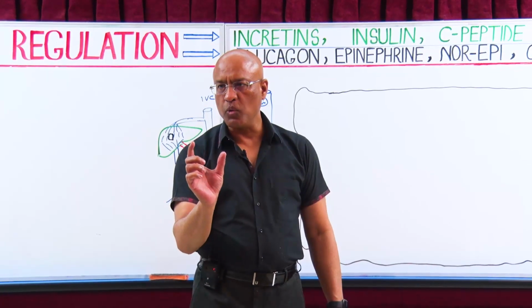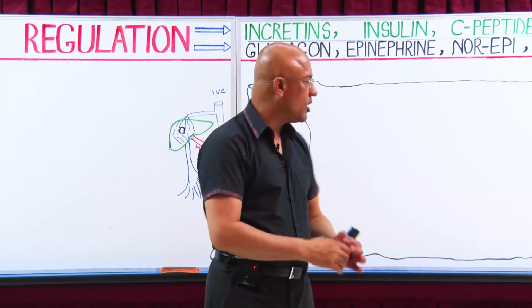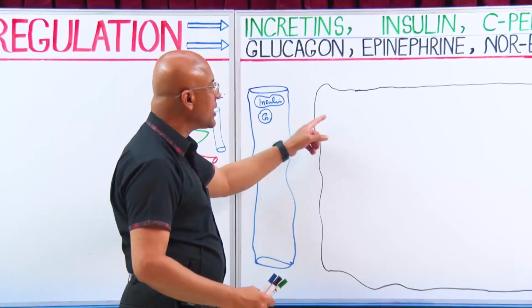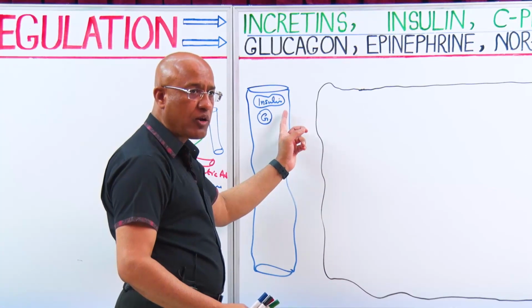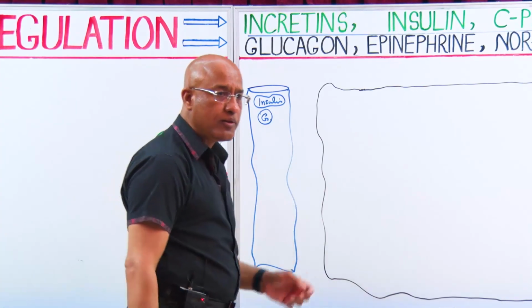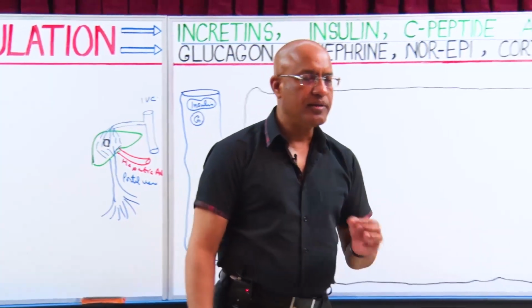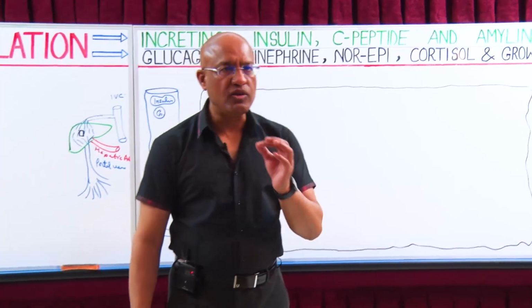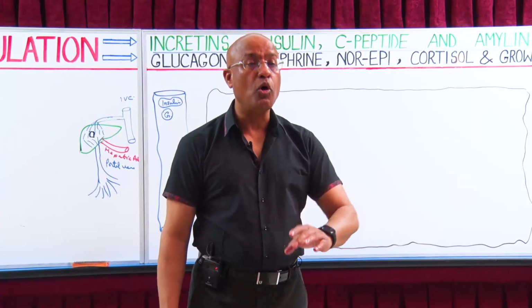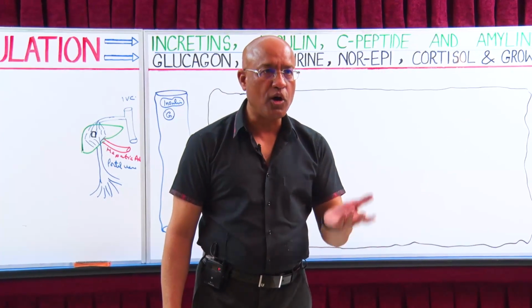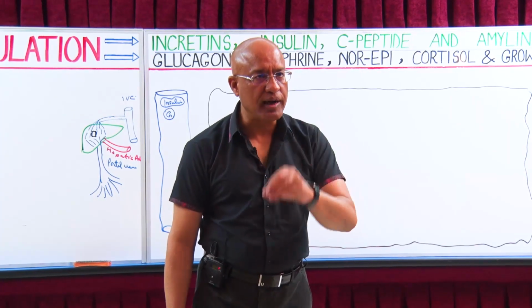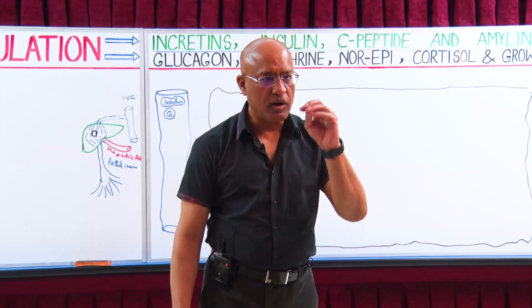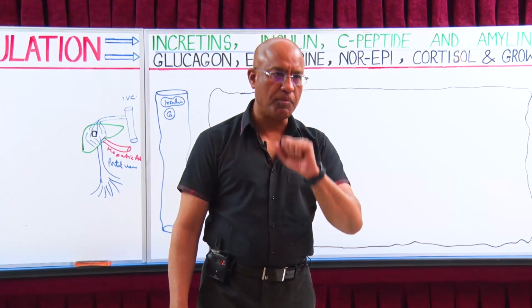So it is a big and somewhat charged molecule, and it cannot cross the membranes of the cell. The first thing we need to learn is that insulin receptors are present on the membrane, not within the cell, because insulin cannot enter the cell by dissolving into the plasma membrane.